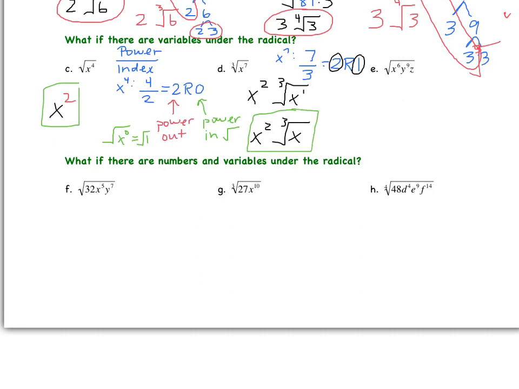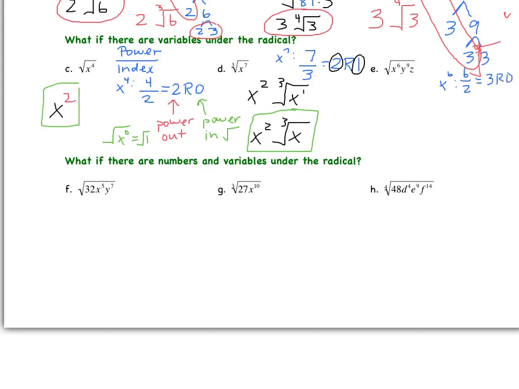Okay, and then finally example E. Now we've got multiple variables, so we just have to do our little side note a few times. To simplify our x to the 6th, we take 6 and divide it by our index. Remember, if our index isn't written in, it's a 2. 2 goes into 6 3 times with a remainder of 0.